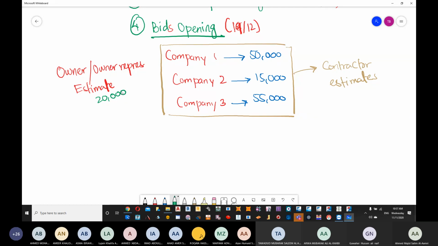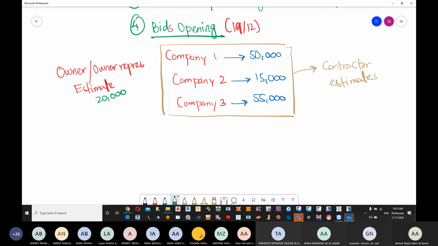Your reference is always the owner estimate, because you, or somebody who is representing you, is the person who has done the estimate. So you are depending on that estimate.